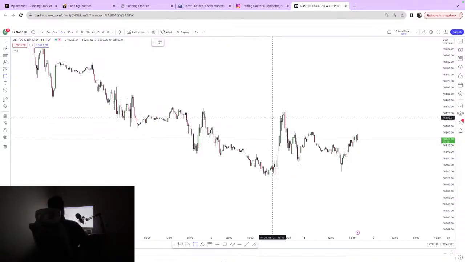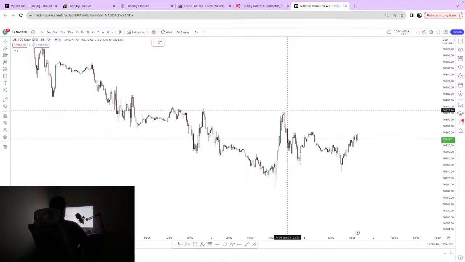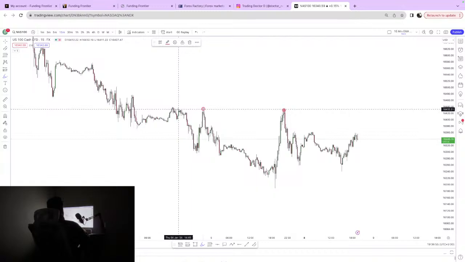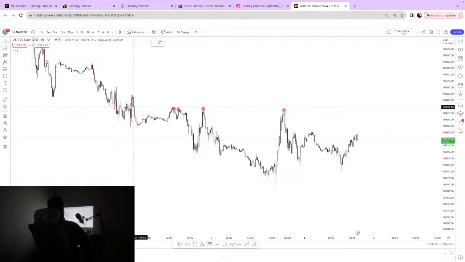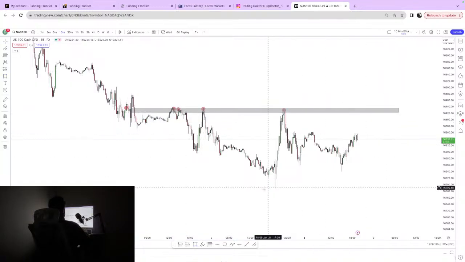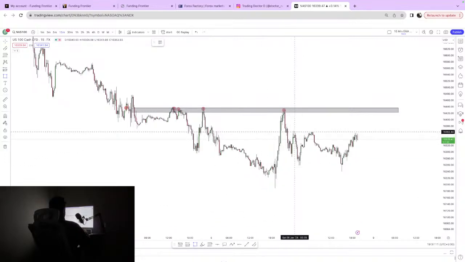Okay, let's make our levels. One level is very clear, visible here at this point. You can see the market is reacting to this level a lot of times. So this is a good zone, supply demand zone or support resistance, whatever you want to call it. Next, let's make one more level. I think this is also a pretty clear zone.